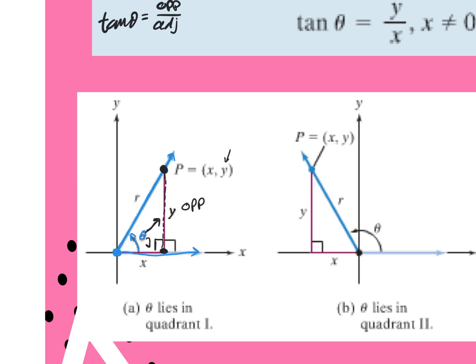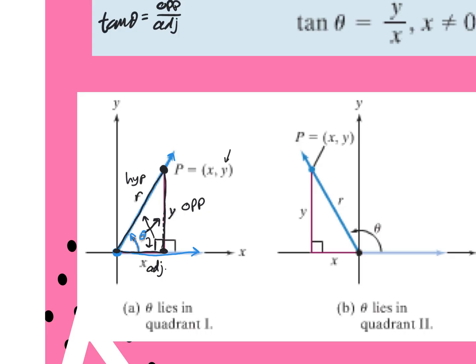And then similarly, I have the x value right next to it. This is the adjacent, all right? That's the distance from that point to the y-axis. And so I have an x and a y representing an adjacent and an opposite. And then across this right angle I have the hypotenuse, which we call r.